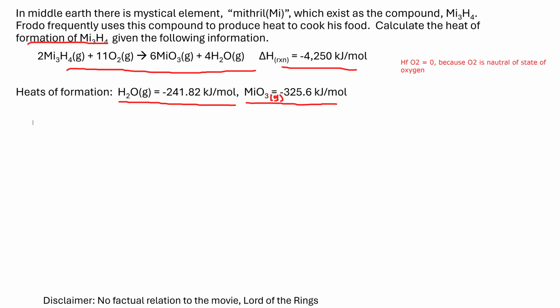Now remember, the delta H of reaction involving heats of formation equals the sum of the heats of formation of products minus the sum of the heats of formation of reactants.